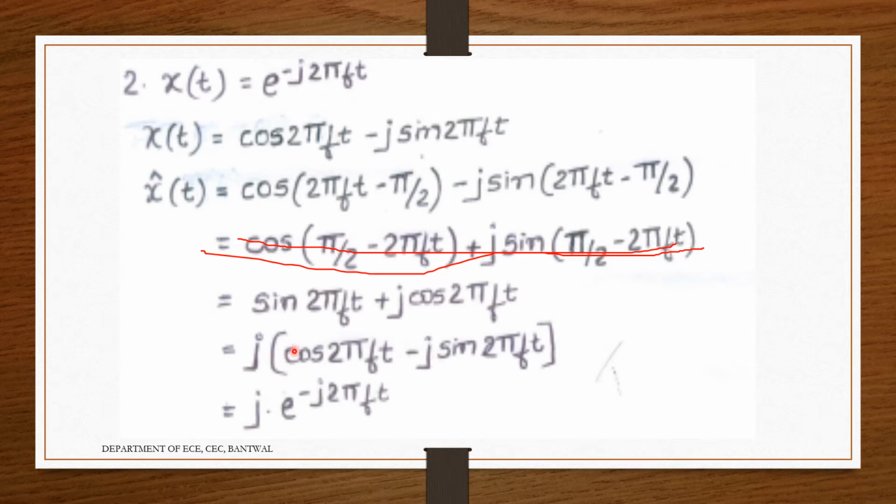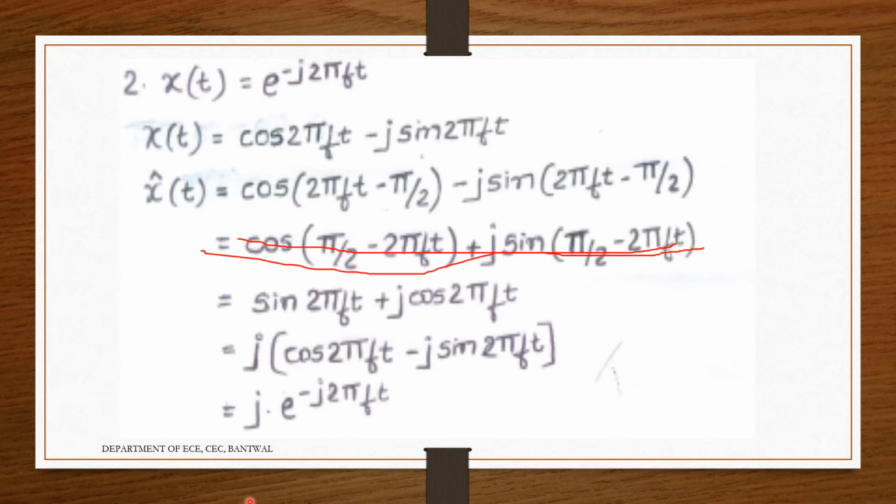You see, j cos 2 pi ft minus j into j. j squared is nothing but minus 1, the square root of the whole square. So minus 1 into minus will become plus. So j into cos 2 pi ft minus j sin 2 pi ft is equal to j into e raised to minus j 2 pi ft. So this is how I represented it again back here.